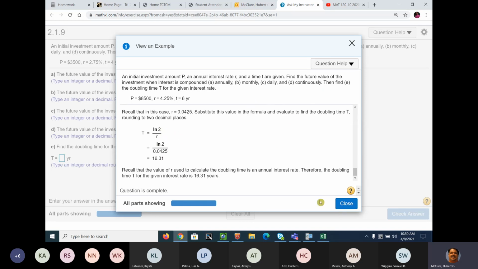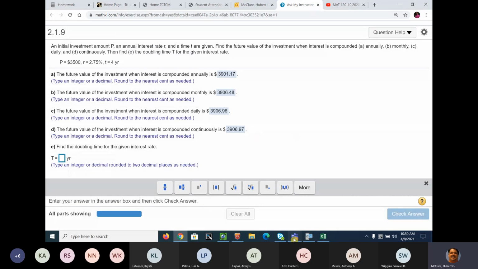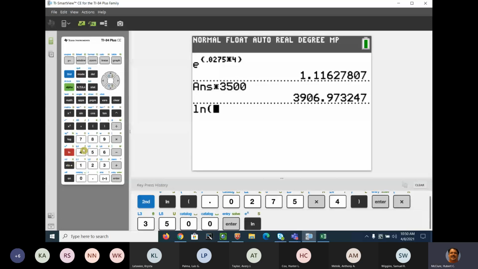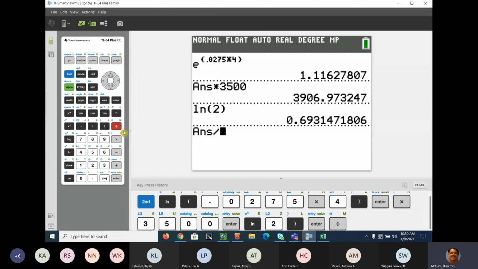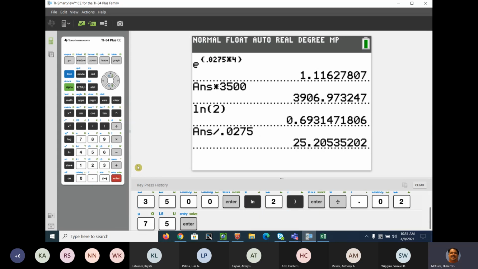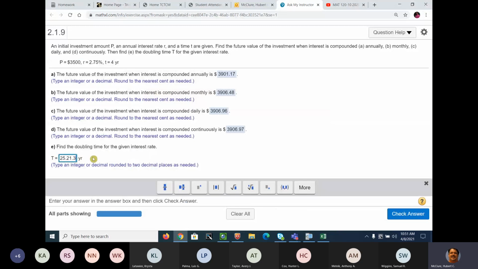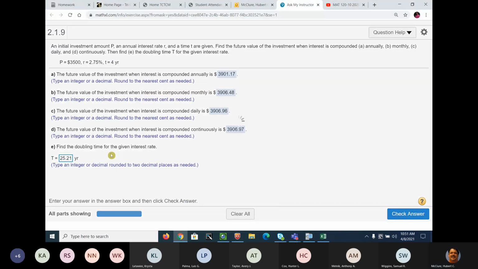So natural log of 2 over R. In this case, natural log of 2, enter, divided by 0.0275. 25.21. 25.21. 25.21. Oh, my Lord. Okay.